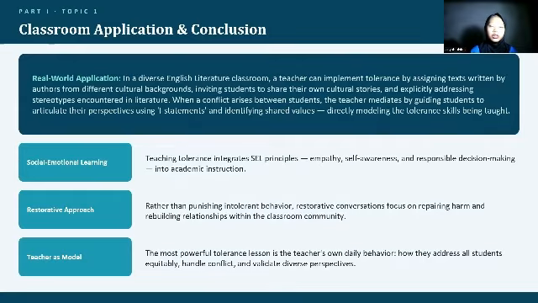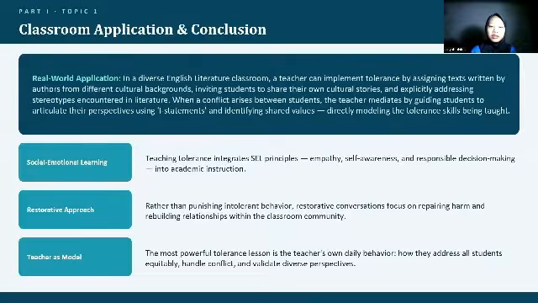Classroom application and conclusion. Real-world application in a diverse English literature classroom. A teacher can implement tolerance by assigning texts written by authors from different cultural backgrounds, inviting students to share their own cultural stories, and explicitly addressing stereotypes encountered in literature.